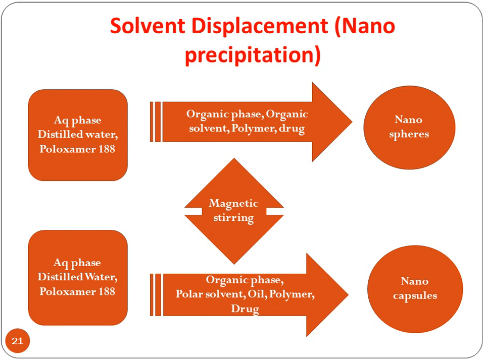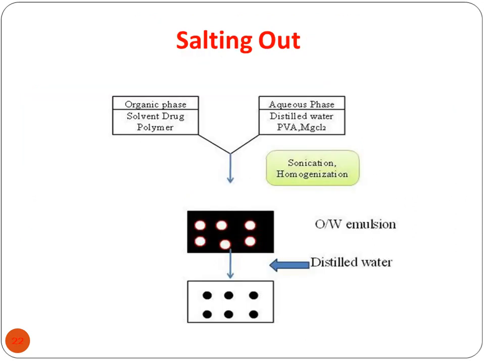If we want to form nanocapsules, the first phase is the same: aqueous phase, distilled water and poloxamer 188. In the second phase, the organic phase, a polar solvent is taken instead of an organic solvent, and then oil is incorporated plus polymer and drug. Both phases are magnetically stirred, and the nanocapsules precipitate out.